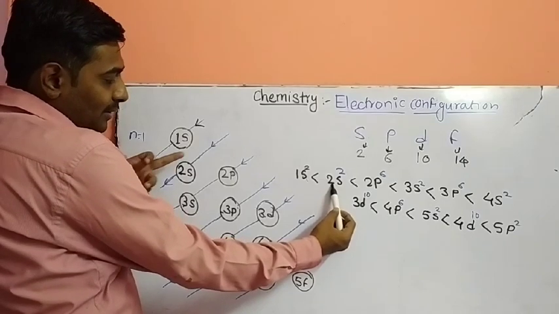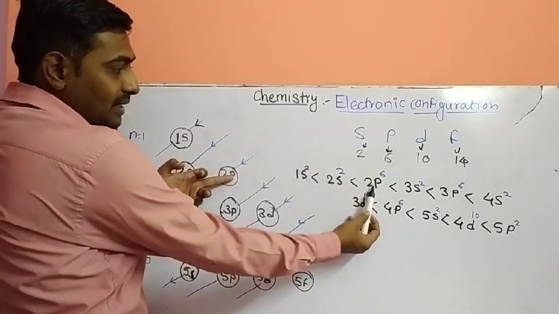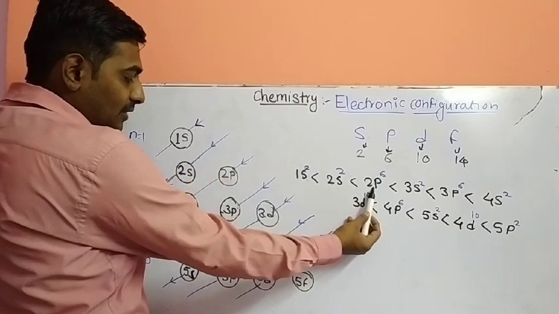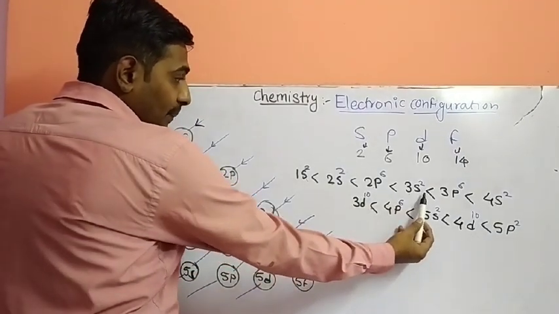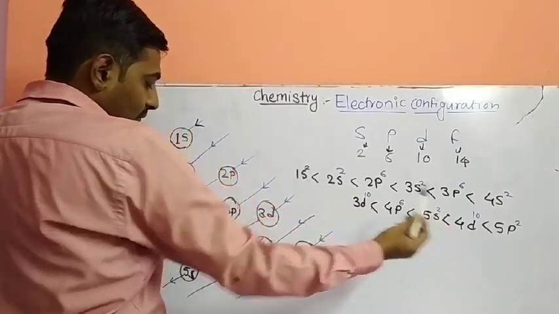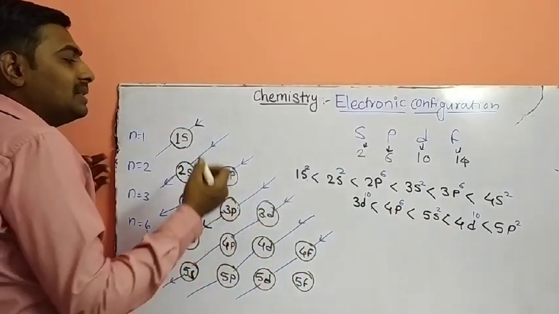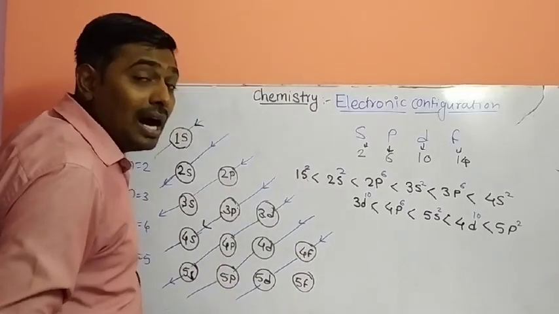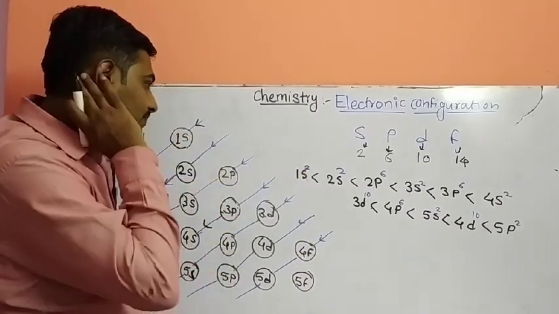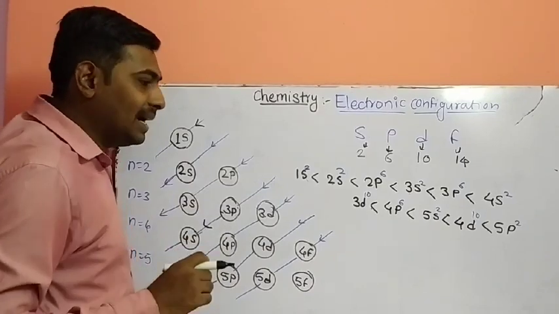After that, which orbital is there? 2p. After that, 3s. Then 3p. Then 4s. It means electrons enter different orbitals according to their energies.